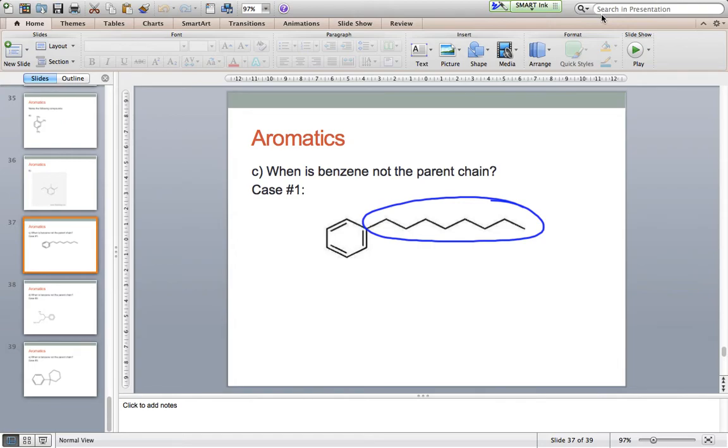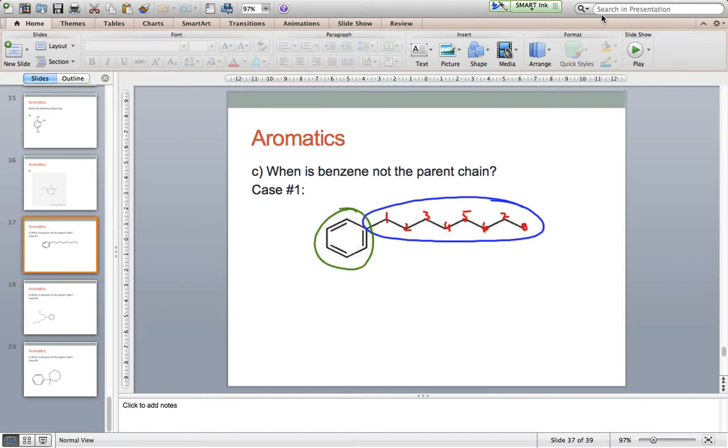However, if you start counting the number of carbons in there, we're going to have 1, 2, 3, 4, 5, 6, 7, and 8 carbons. Well, that is clearly more than 6. 8 is more than 6. So in this particular case, our branch is actually the benzene ring.